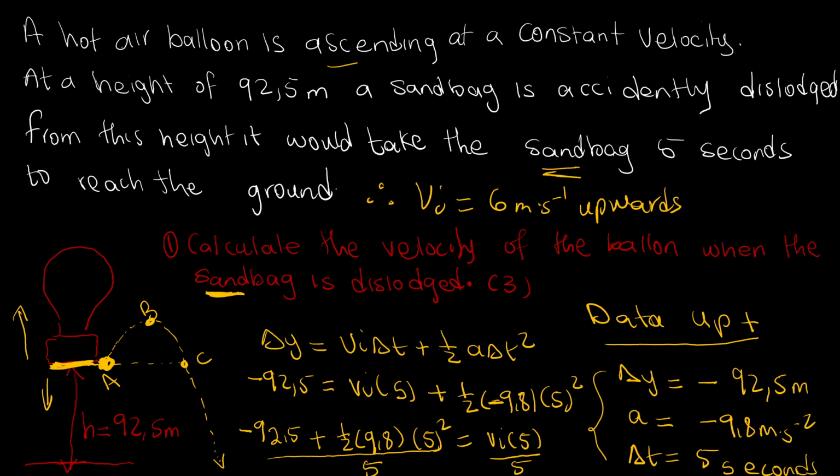If a hot air balloon moves up and we drop something out of it, the velocity of the sandbag will be the same as the constant velocity of the hot air balloon that is ascending. I hope you understand that concept. And that's it. You've managed to calculate the velocity of the hot air balloon.